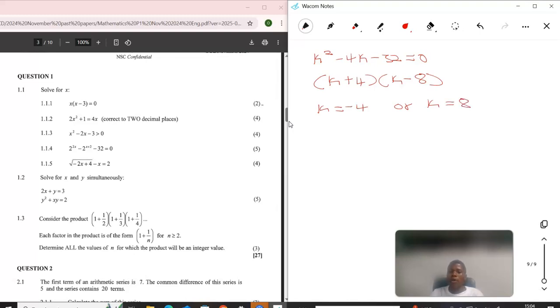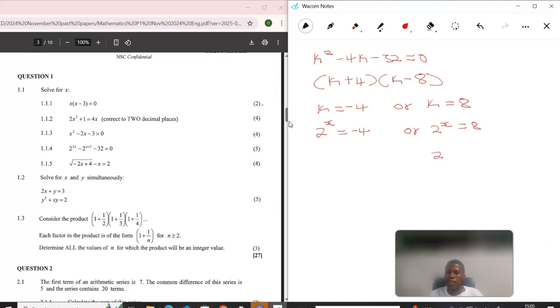But don't forget that you said your k must be equal to what? To 2 exponent x. So it means when you see k, you put 2 exponent x. So 2 exponent x is equal to -4, or 2 exponent x is equal to 8.